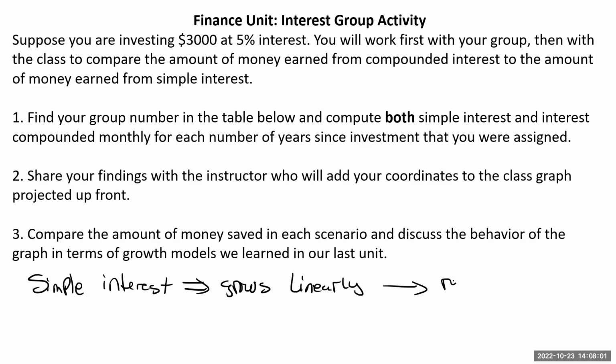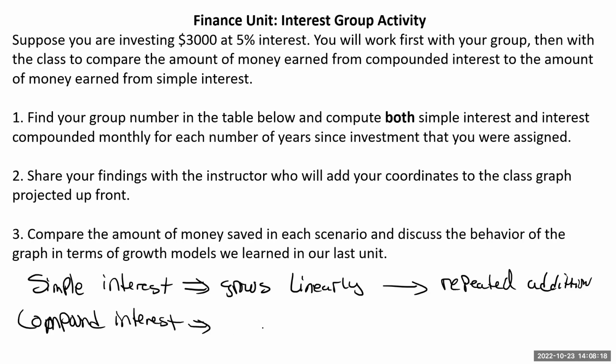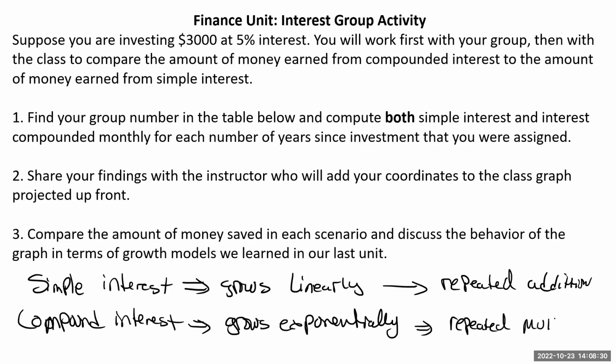So remember, that means repeated addition. And then compound interest. If you notice this one, this has that exponential look to it. It grows exponentially, which is known as repeated multiplication.